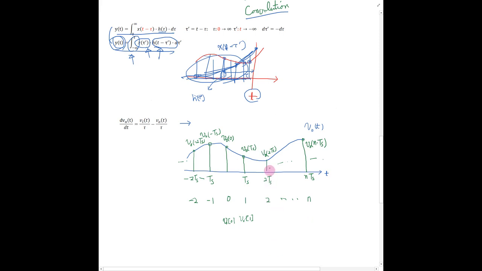Then this output is vo[2], like that, and the nth output is vo[n], minus 1 is vo[-1]. In the sequence domain, we can understand it in this way.